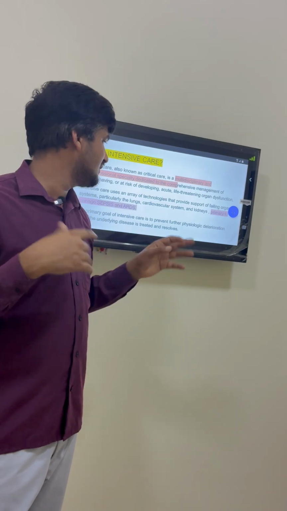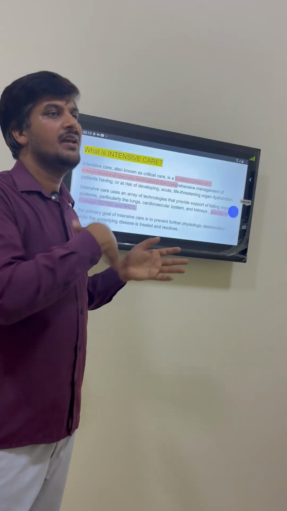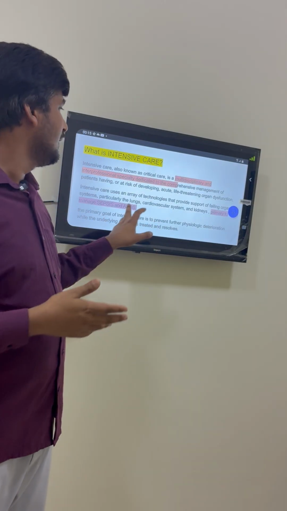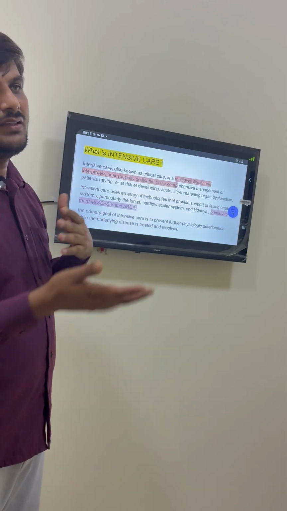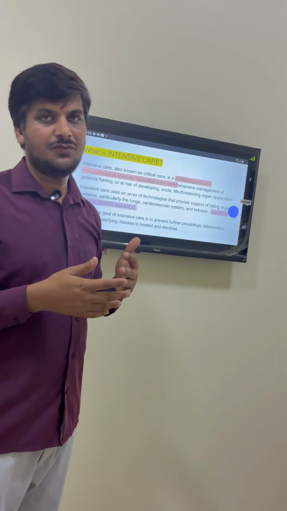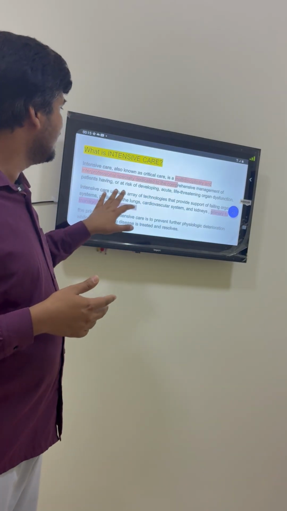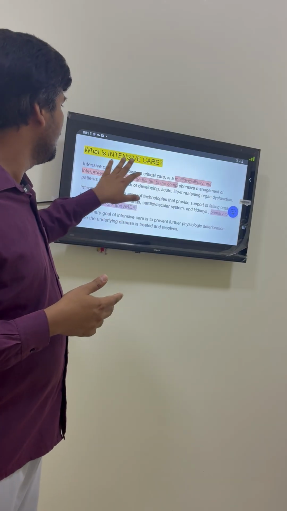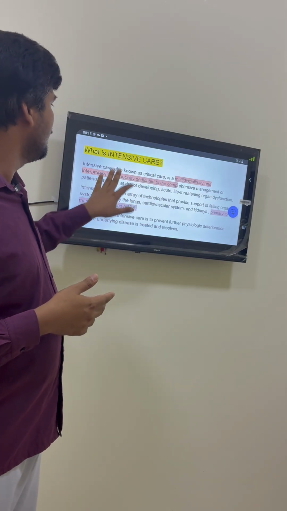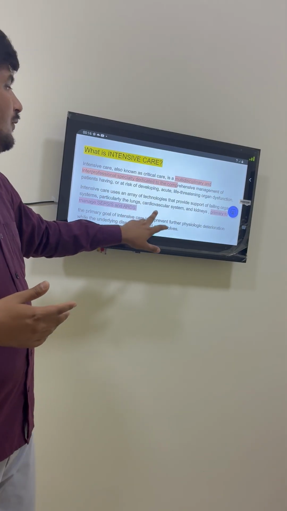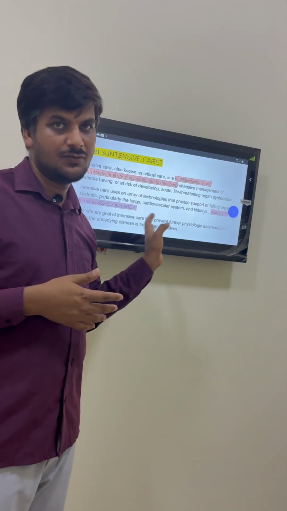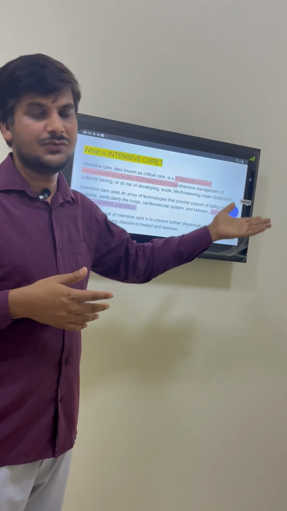Because of this again the patient will go into organ dysfunction, again cardiac arrest, and then there will be chances of death. Usually intensive care mainly focuses on treating sepsis and ARDS cases, and one more thing, fluid resuscitation. This will also be done in the ICU setup.